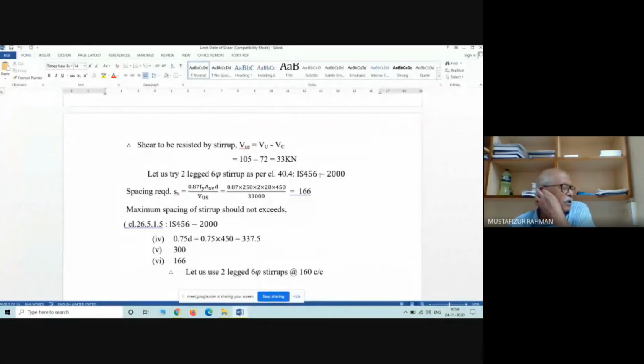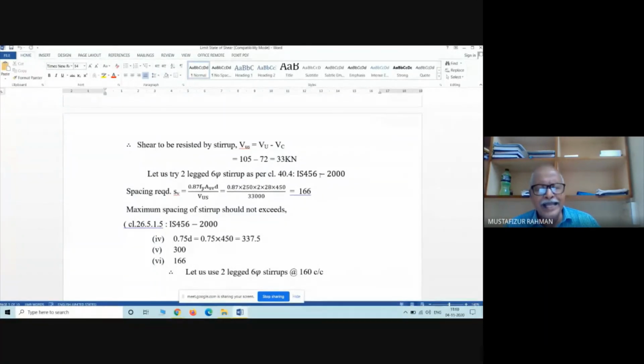Very simple. Now this Asv is dependent on the number of vertical legs, which will be called single leg, two leg, three leg, four leg, and so on.